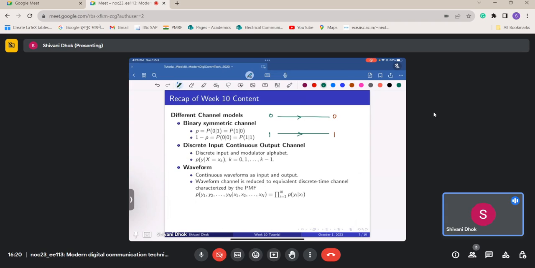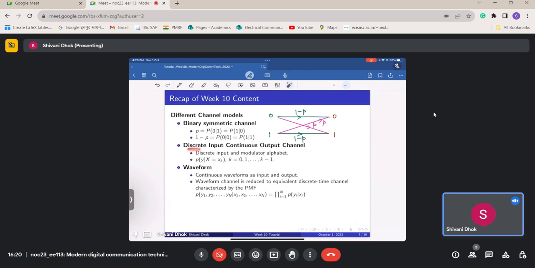Now this 1 can be received as 1, or this 1 can be received as 0 also. This 0 can be received as 1 also, and that transition probability is p. Similarly, 1 can be received as 0 with a transition probability of p. So by symmetry, 0 being received as 0 has a probability of 1 minus p. Similarly, 1 being received as 1 has a probability 1 minus p.